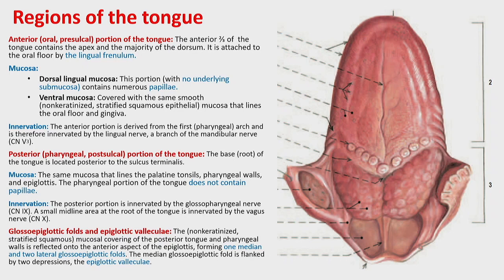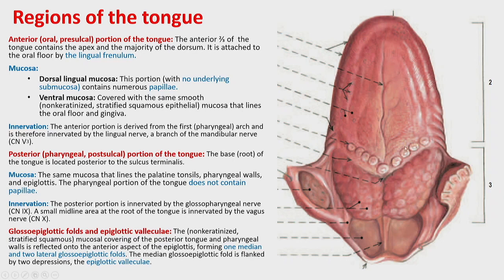For example, if you have a cat and you touch its tongue, it's very rough, and this is because of the papillae that you find on the surface of the anterior two-thirds of the tongue, only the anterior two-thirds. The posterior one-third, which is the pharyngeal or postsulcal portion of the tongue, doesn't have papillae, it has just the lingual tonsil.